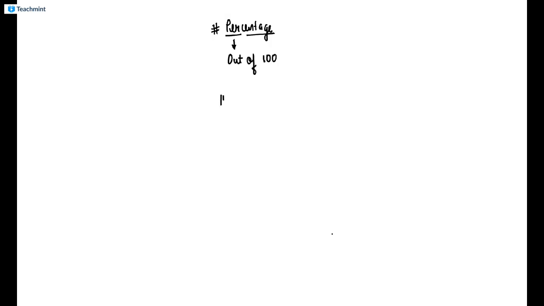So usually we have a fraction in the form of A by B, right? Why have I written fraction in percentage? Because the data of the fraction will roam around percentage.